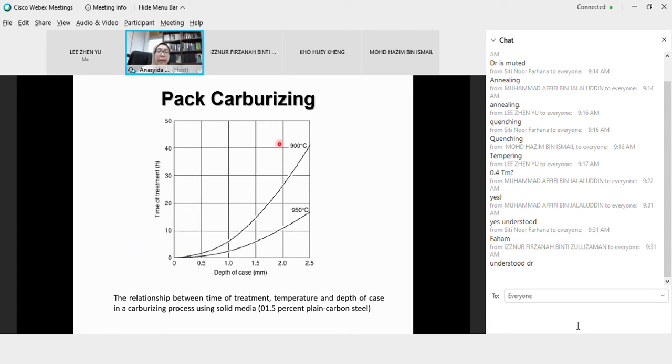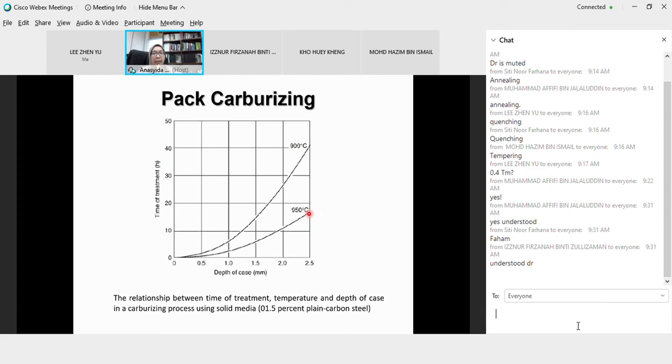So this is our pack carburizing. We are using the solid. You can see here different temperatures. If you have a lower temperature, which is 900, you need a long time, 40 hours.